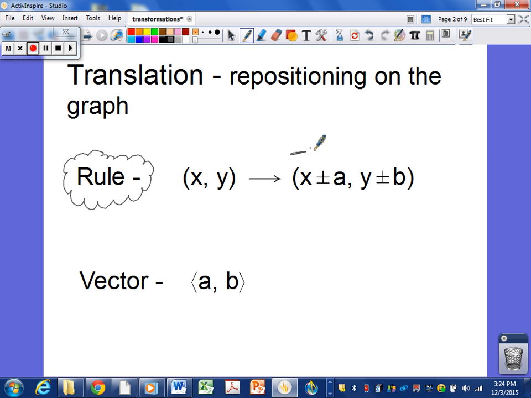If we are subtracting, you are moving things to the left. If we have addition, you're moving points to the right. Okay, x plus or minus a. The y value moves things up or down. If we have a minus, that's going to move every point down a certain number of units. And if we have a plus, that's going to move everything up a certain number of units.